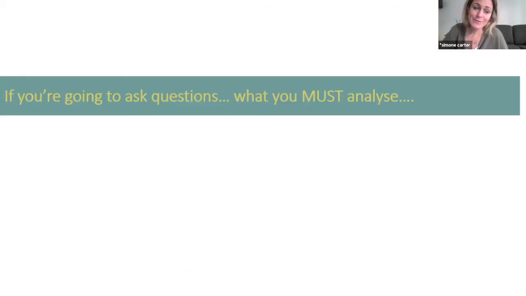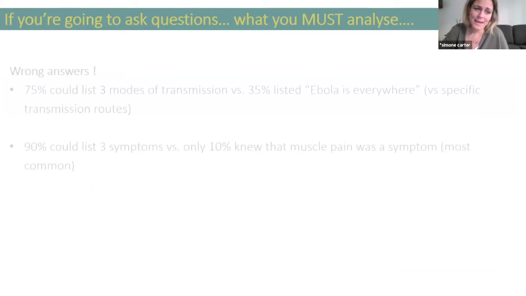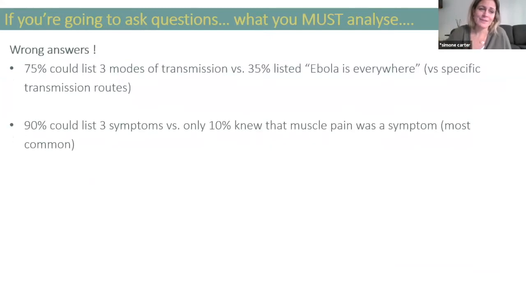So the other thing is, if you are going to ask questions, you must also analyze. And an important thing to analyze is the wrong answers. It's a way of highlighting misinformation without repeating rumors. So for example, going back to some Ebola examples, 75% could maybe list 3 modes of transmission. So they could say touching a dead body, going to a funeral, touching somebody who is sick.